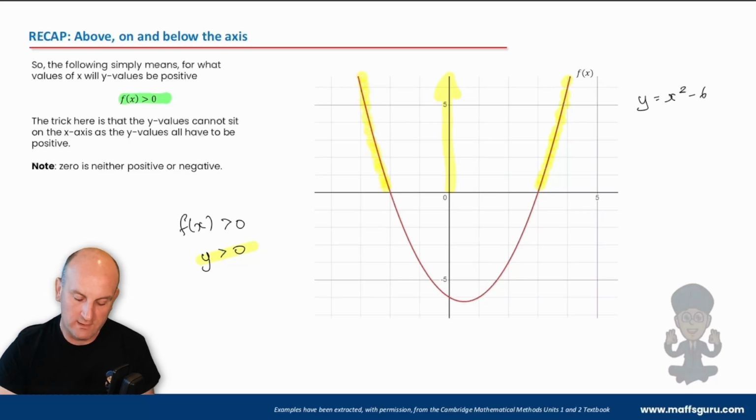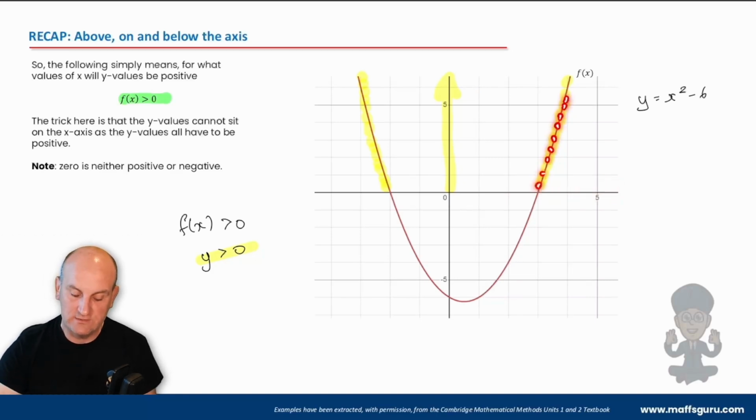Hopefully you would realize that everything from this point all the way down there would create these y values, and there's a caveat to this in a moment. Likewise, all these points here have been created by putting in x values from this point and that way all the way to infinity.